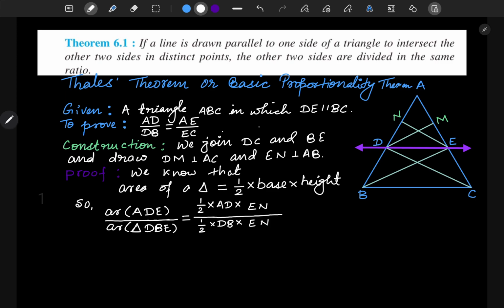This has one advantage: while getting the final result, this 1 by 2 gets cancelled, and this EN and EN get cancelled, so we are left with AD upon DB, and this is equation number 1.